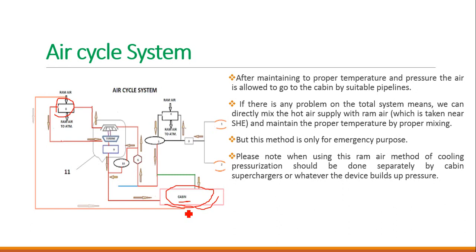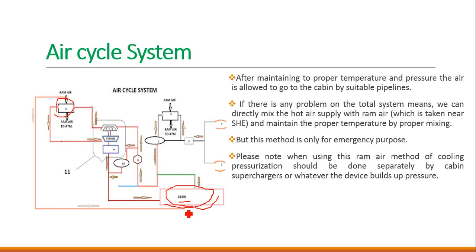In the refrigeration unit, I have a compressor, because the work of the compressor is to increase the pressure and temperature of the air. So after coming out of the compressor, the temperature and pressure of the air increase.